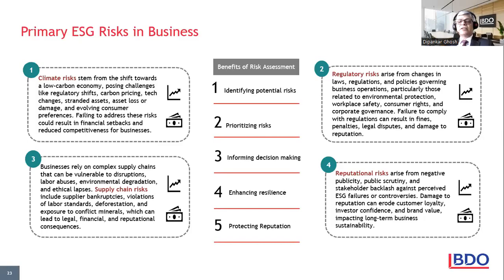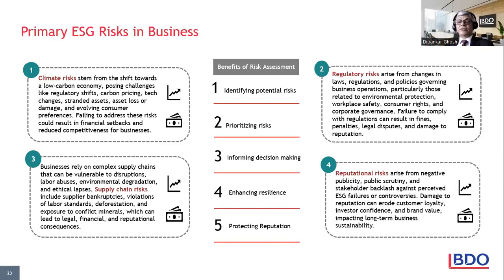And fourth, the reputational risk, and we have seen umpteen examples of companies which have been very profitable in the past and have, due to ESG issues, suffered. We have the Union Carbide incident in India.